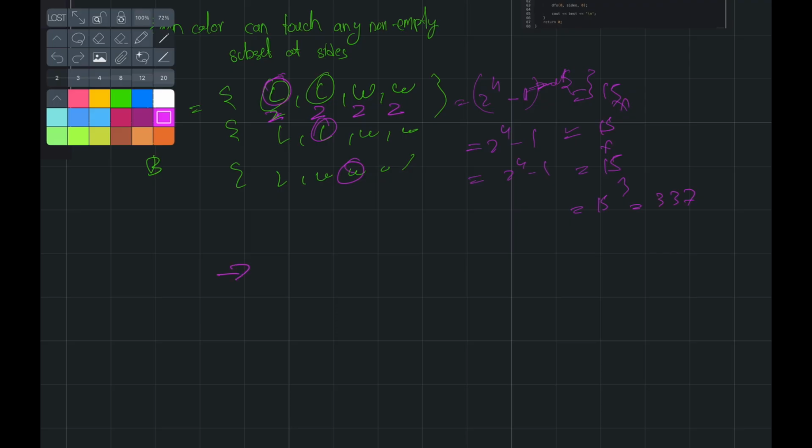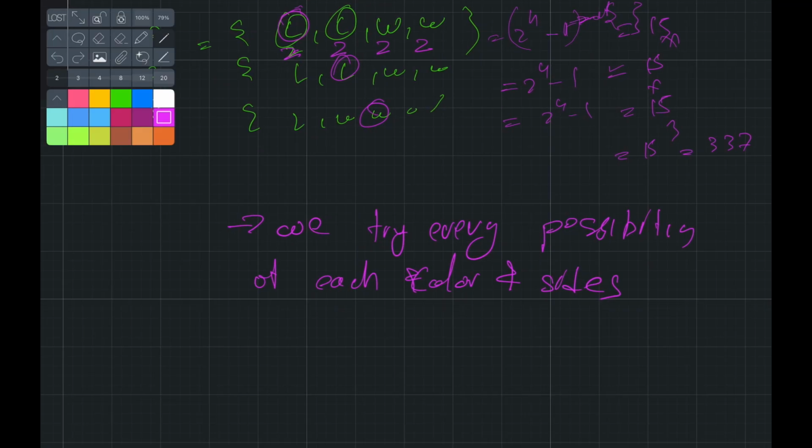In this we will try every possibility of each color and sets. Thus we will get the minimum cost. Now how we will do, I will show that.